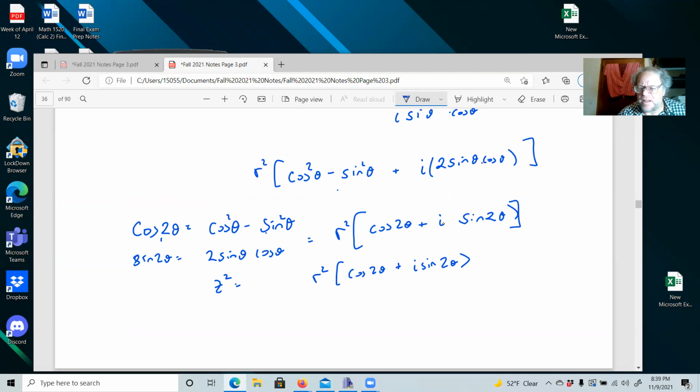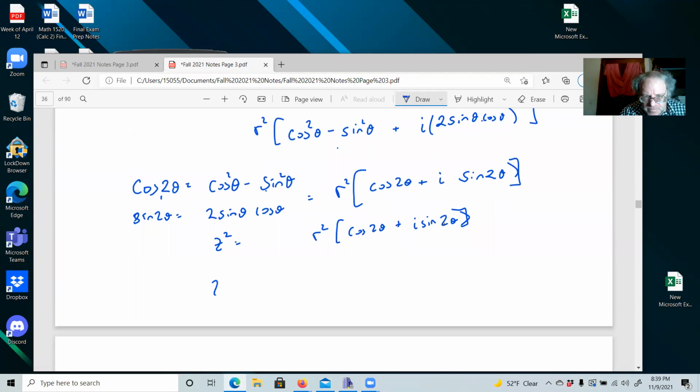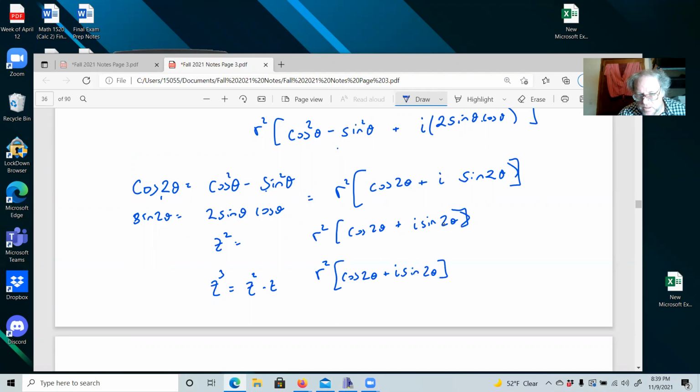What do we do if we have z cubed? That's going to be z squared times z. So that's going to be r squared cosine 2 theta plus i sine 2 theta times r, cosine theta plus i sine theta.